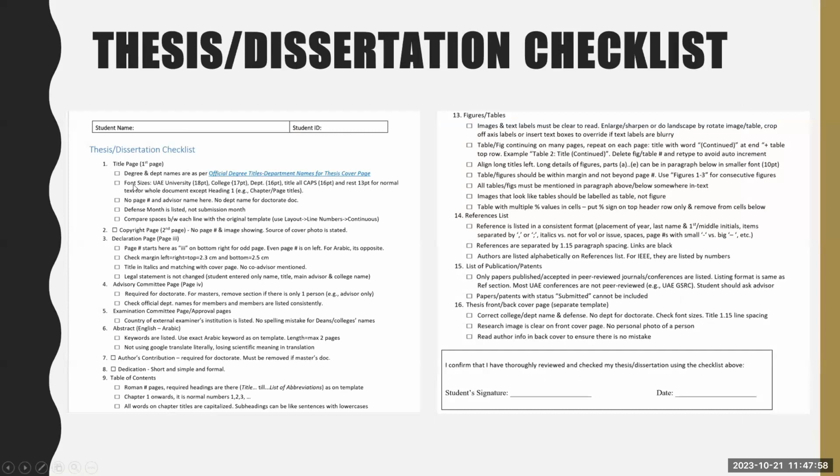You will check each point that you verified. Then after finishing it, you need to sign it along with the date and submit it to the CGS along with your thesis. Also, I will show you what things need to be submitted once you've defended, finalized formatting your thesis, and now it's time to submit us your thesis.